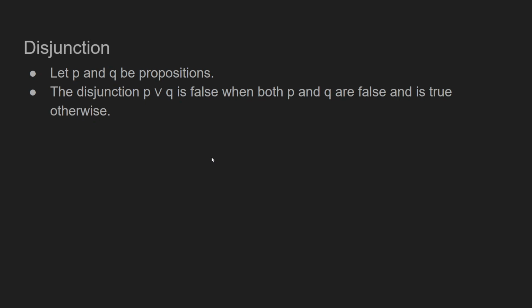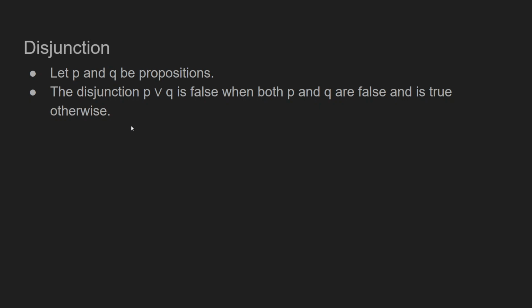Alright, let's start with disjunction. Let P and Q be propositions. Look at this carefully. The disjunction of P or Q is false when both P and Q are false and is true otherwise.